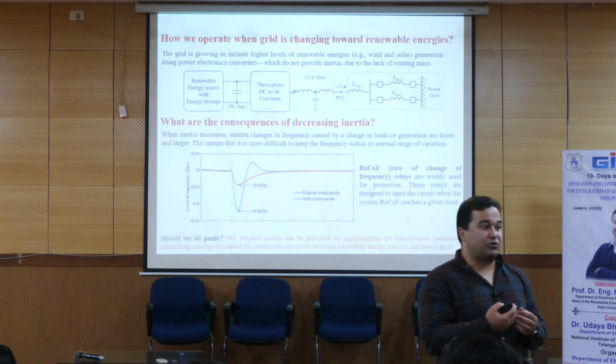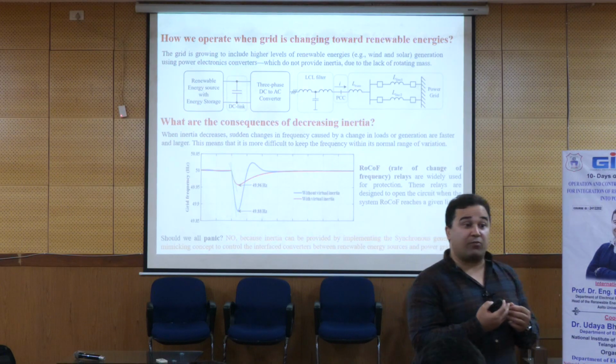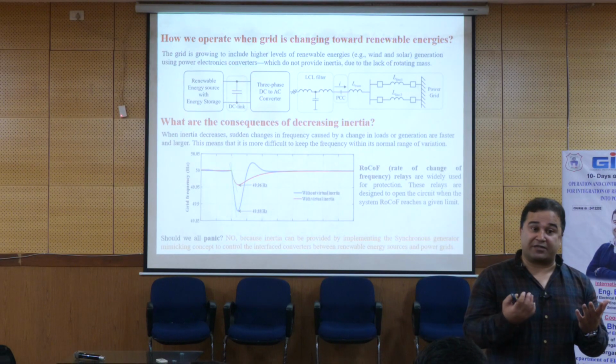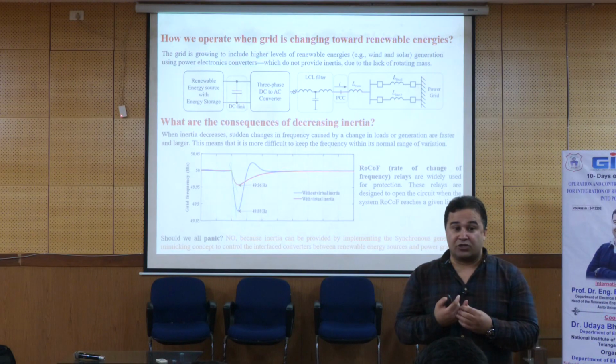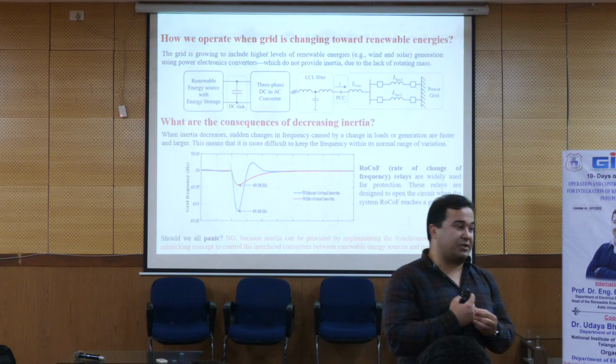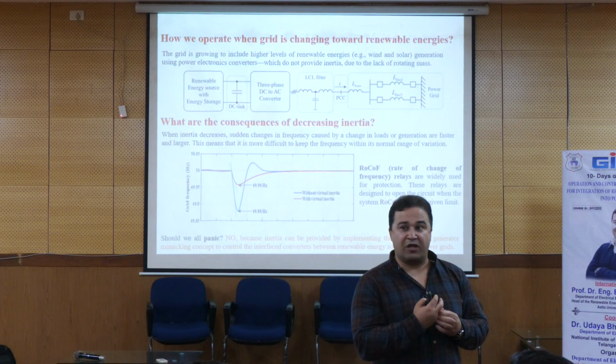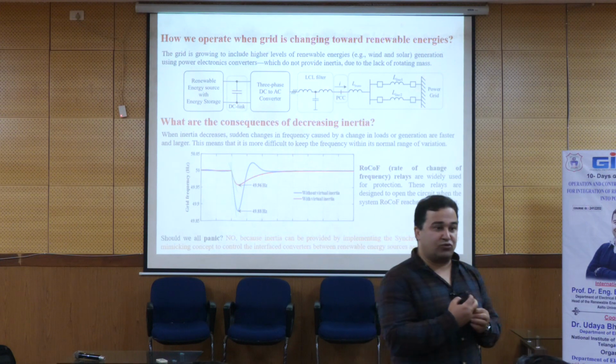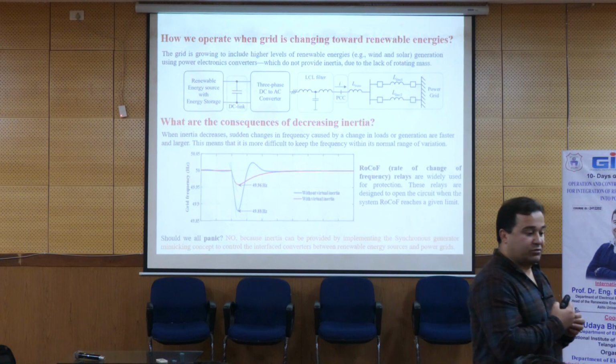So it seems that the future grid will suffer from lack of inertia, stability and reliability. Do you have a solution for that, or is it feasible to go in this direction or not?